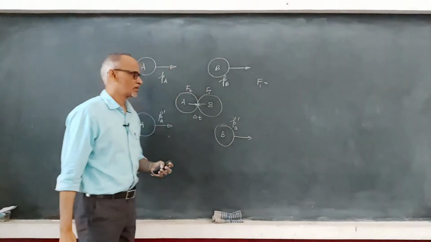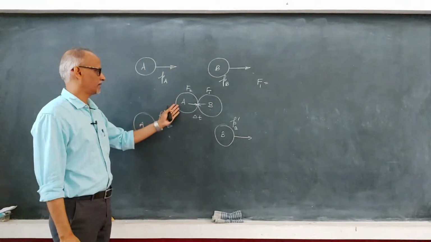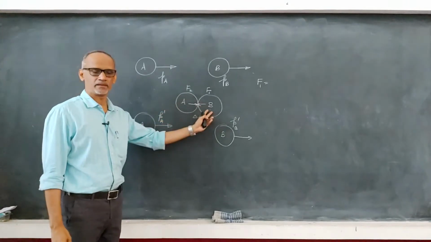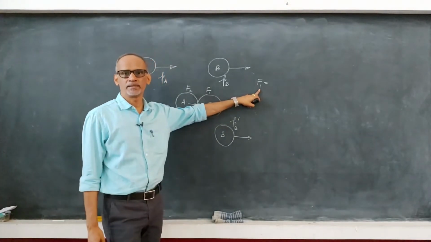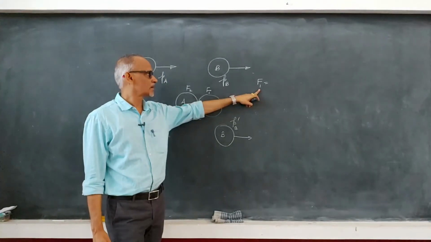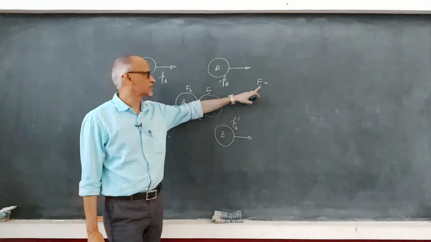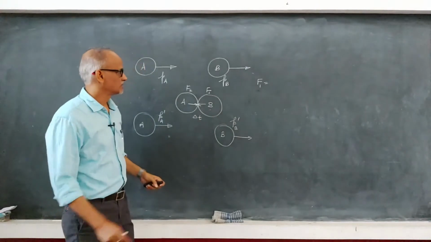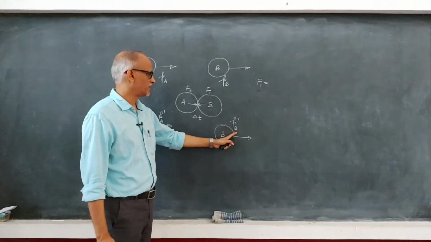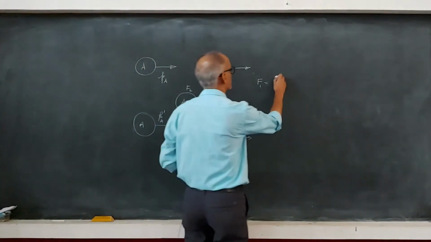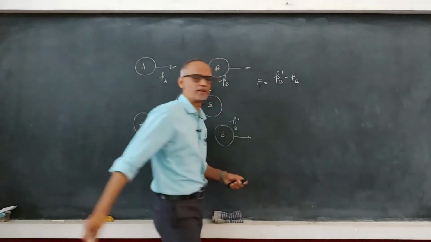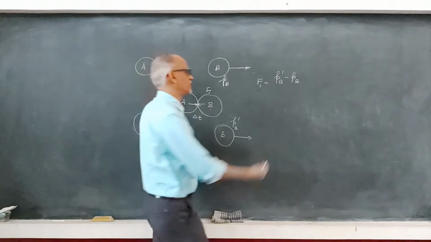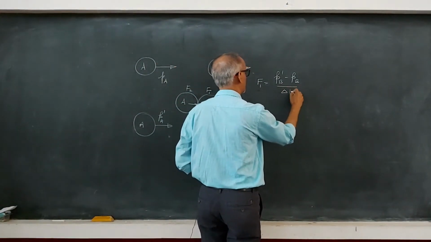F1, the force exerted by A on B, and force is always the rate of change of momentum. So how to find the rate of change of momentum? F1 is equal to the change in momentum, that is PB dash minus PB. This is the change in momentum. Rate of change of momentum means I have to divide by delta t.